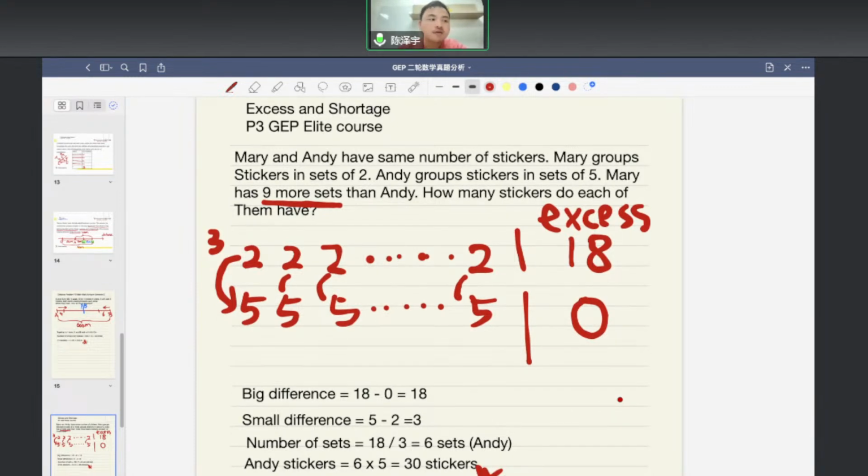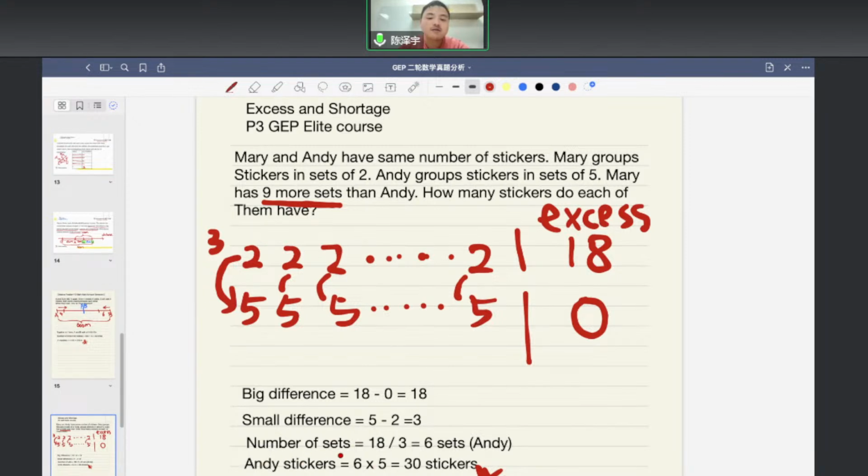All right. So for this question, excess and shortage is very commonly tested in a lot of school exams, in PSLE and in Maths Olympiad. The best way to do such questions is to write down the two scenarios, whether they are in excess or in shortage. First, you find the big difference between the two scenarios. Then you find the small difference, how much change in each scenario.